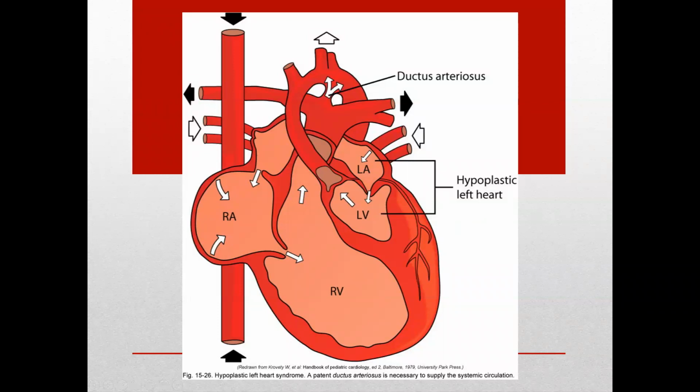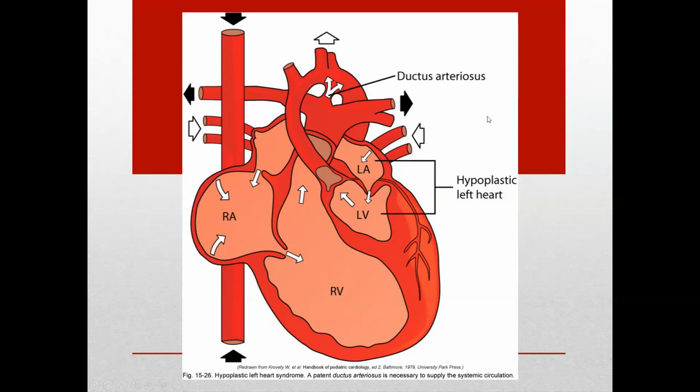By keeping pulmonary vessels constricted, it's going to force blood into the aorta. Why do we want blood to go from the pulmonary artery into the aorta? To get the oxygen to the body.